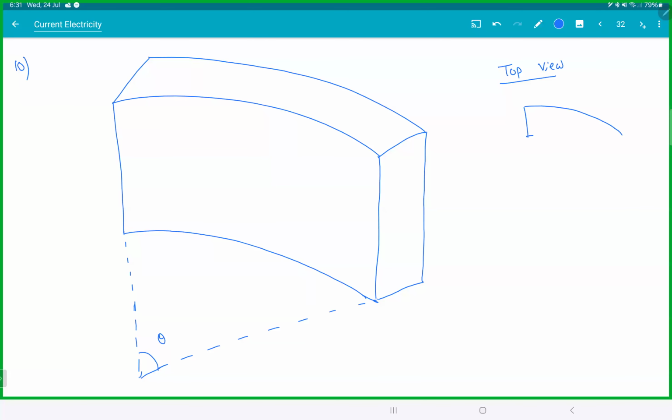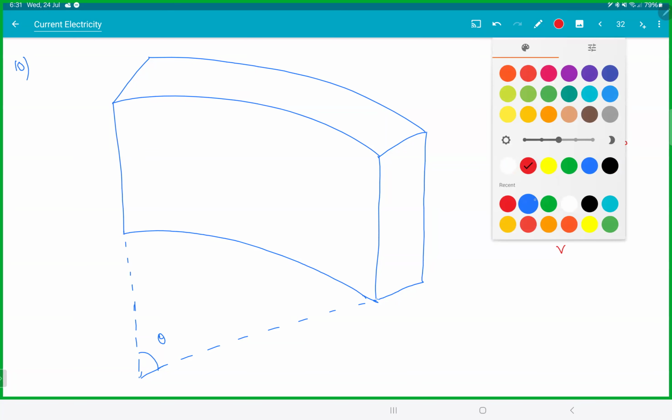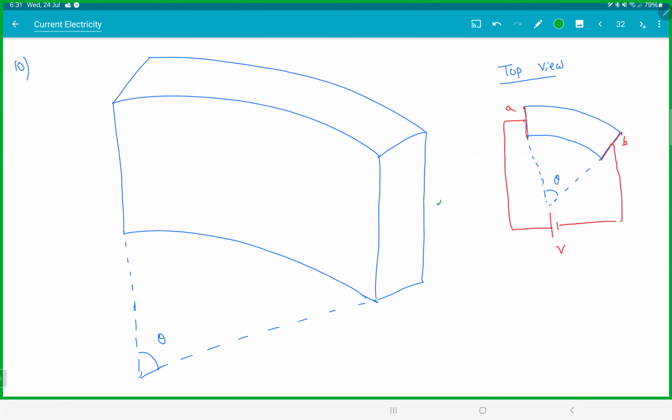It's an arc, and you're connecting the battery between these two points. So basically this entire thing is like a plate here. Getting it? So the battery is between those two. Voltage is V. This is the top view. This length is L, this width is D, and this radius is R.